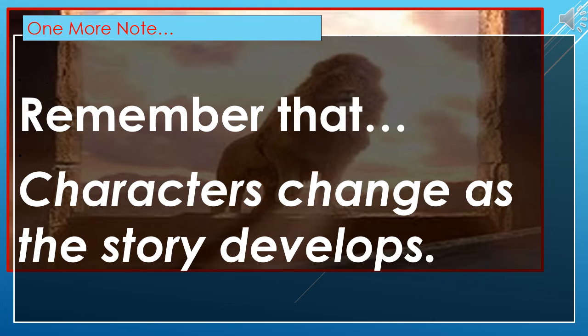As you read this chapter, remember that in class we spent a lot of time talking about how characters change as the story develops. And we talked about how in your own story, you have changed as your story has developed. At one time, you were a baby, and all you did was cry and eat from a bottle and sleep and have diapers changed.